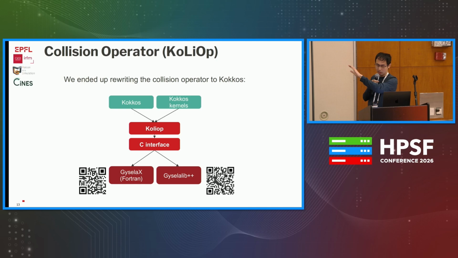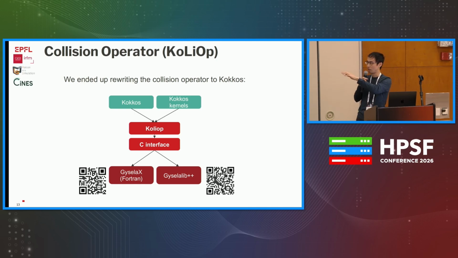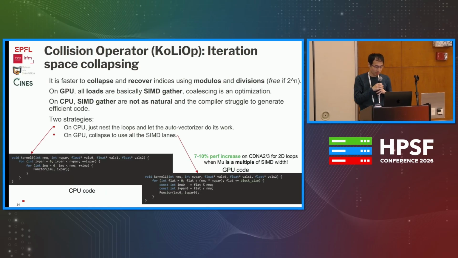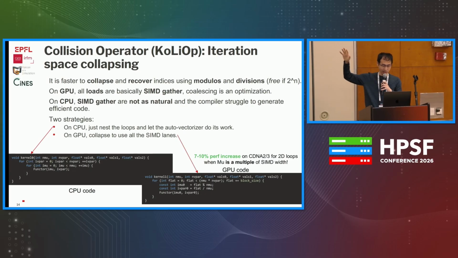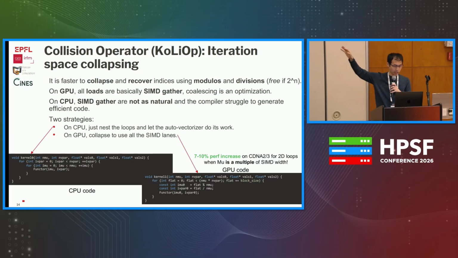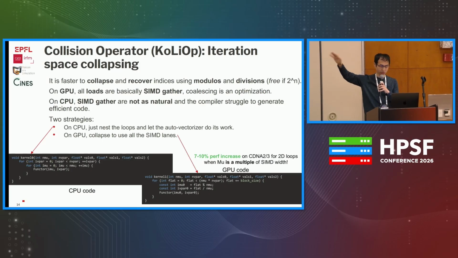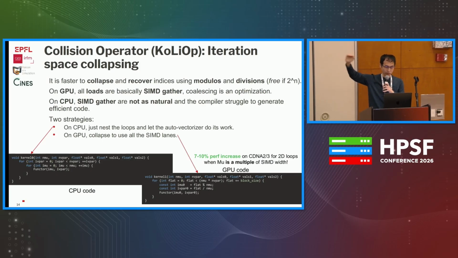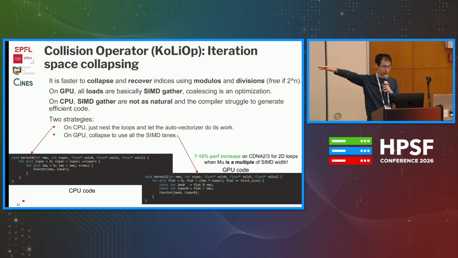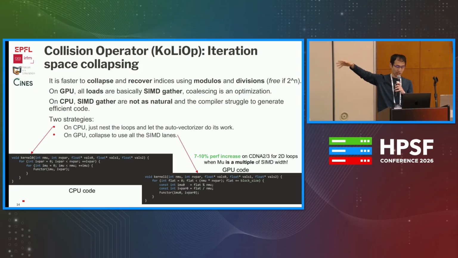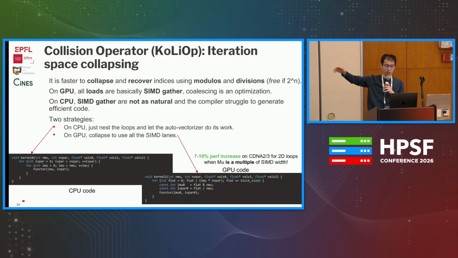We also have another version fully written in C++, which is directly connected. Here it's a little bit of a shame, but we still need to prepare two different approaches for GPU and CPU. On CPU, nested loops are pretty good for vectorization, and we get better performance with tightly nested loops.